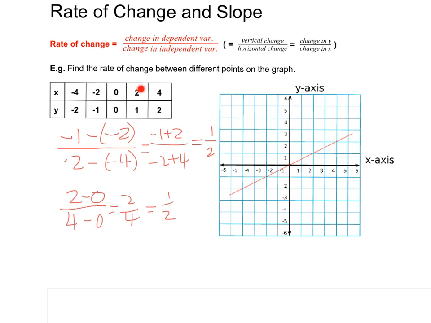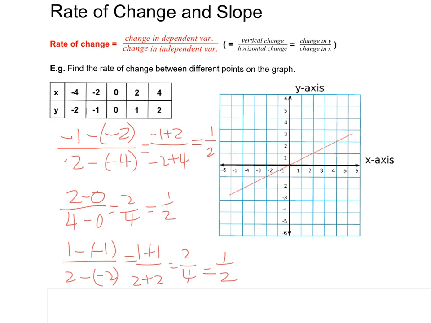So we'll take this final point to subtract this original point. So let's start with the y. Y is always the numerator, the y change. So it's 1 subtract -1 over 2 subtract -2. And that you have 1 plus 1 over 2 plus 2, which is 2 over 4, which is, oh, amazingly enough, again we have 1/2.